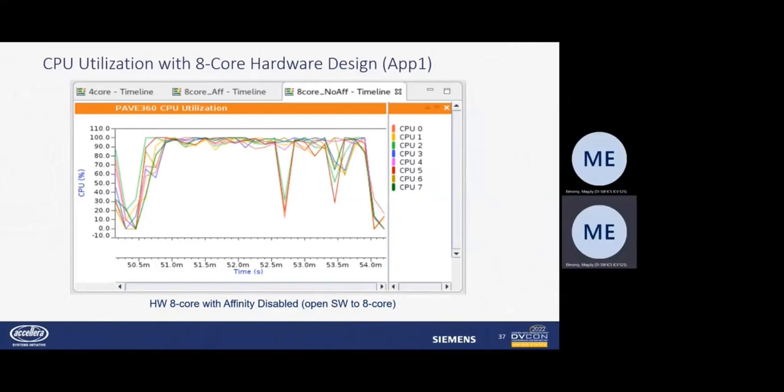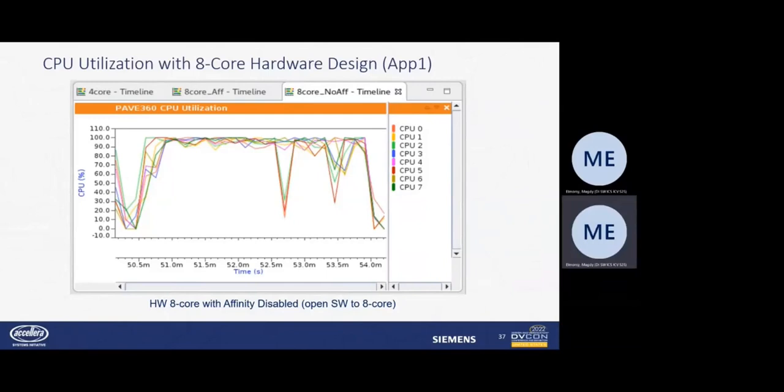We found that with the 8 cores, the utilization is still very high, beyond 80-90% for most of the 8 cores. And rather than the application finishing in a shorter period of time, we found that it finishes in a longer period of time. This is completely nonsense.